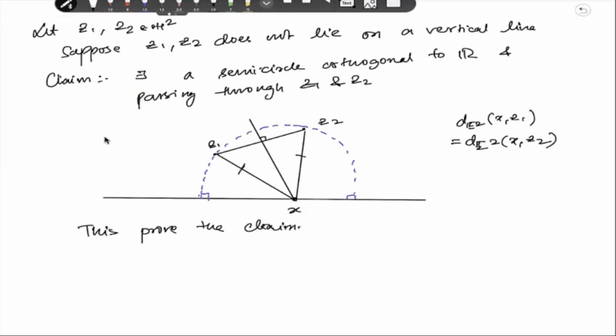Okay. So if Z1, Z2 lie on a vertical line, then we have to do nothing.